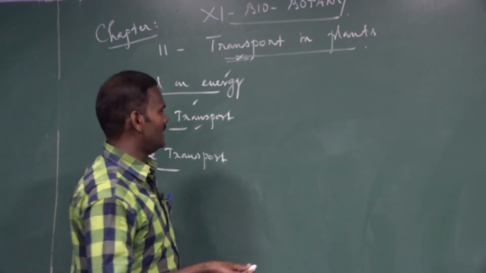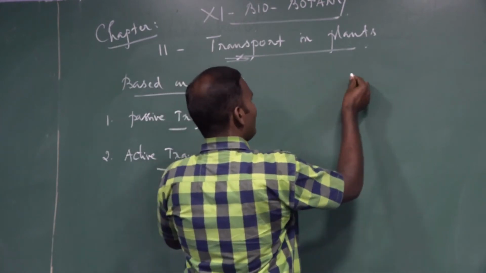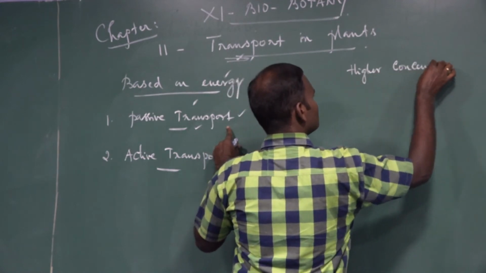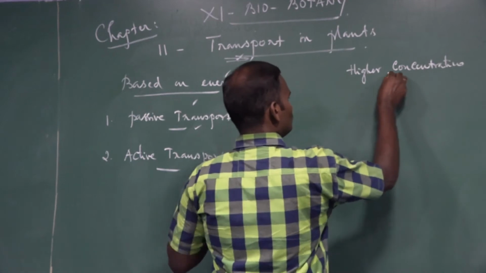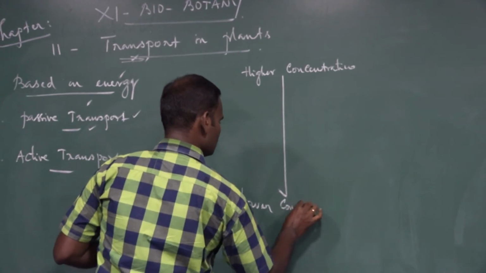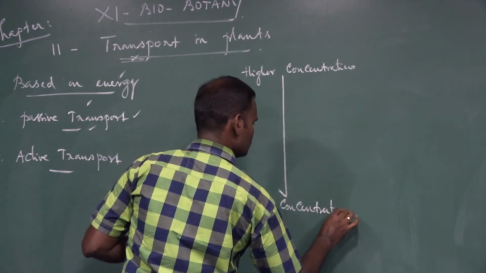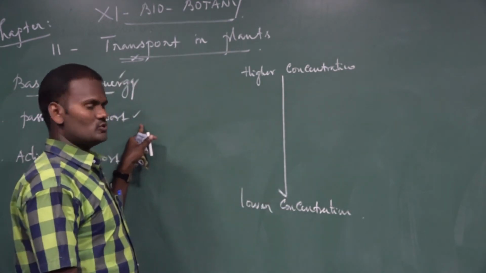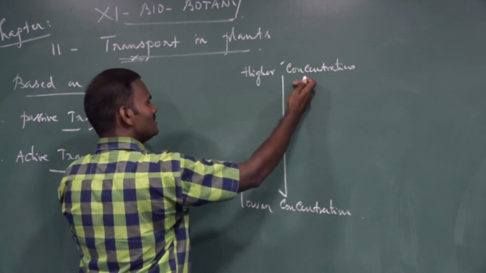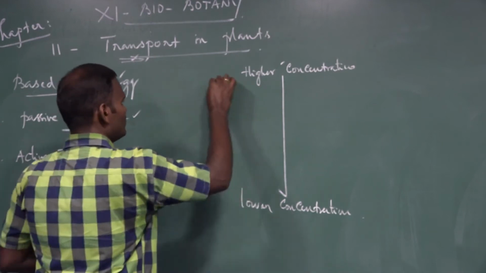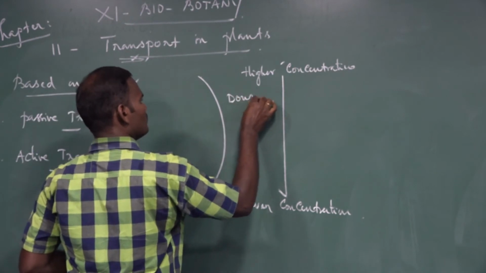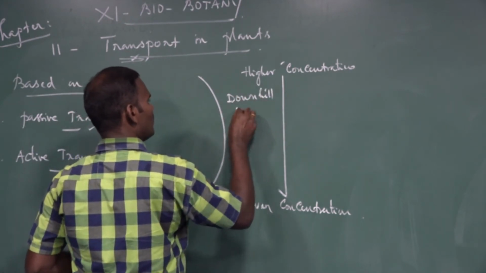It's easy to understand: the movement of molecules from higher concentration to lower concentration is called passive transport. So, it is a downhill process.